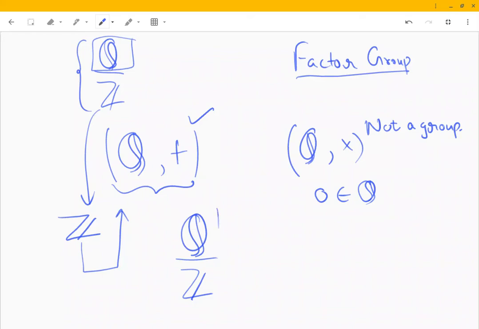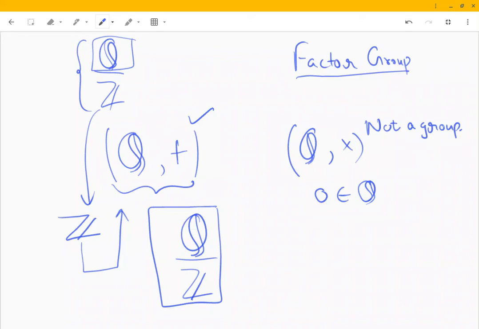So using that, we can be sure that Q over Z do form a factor group. If Z was not normal, we would not get this group. Yeah, I think that is the case. Correct me if I'm wrong, of course.